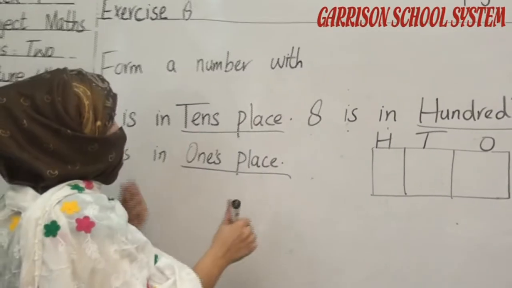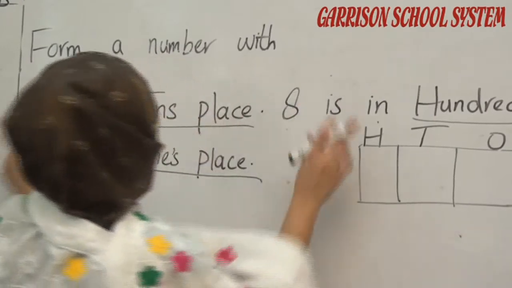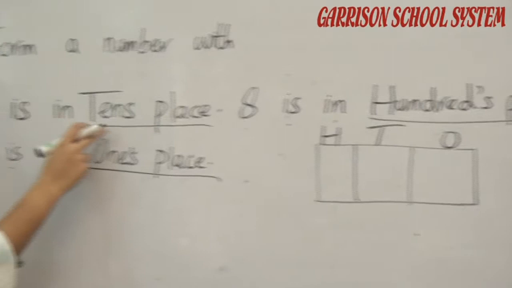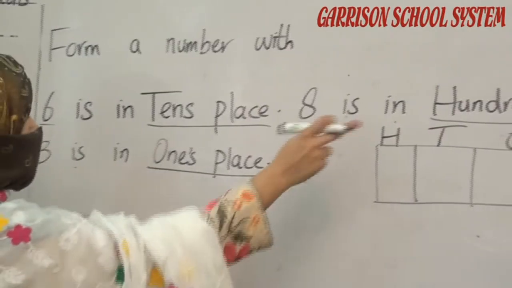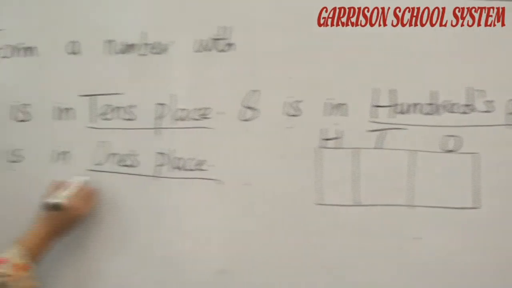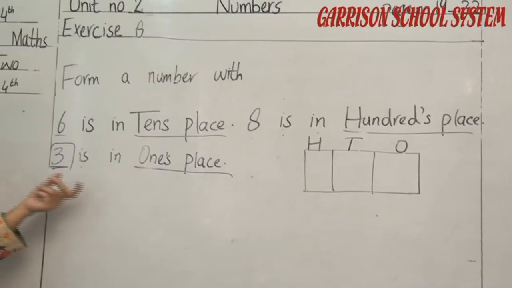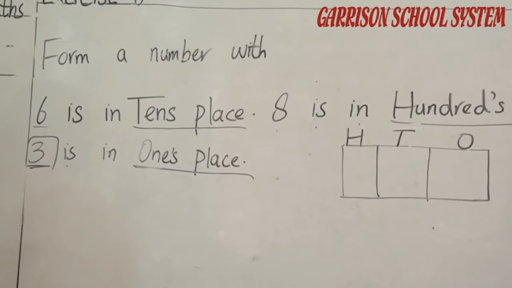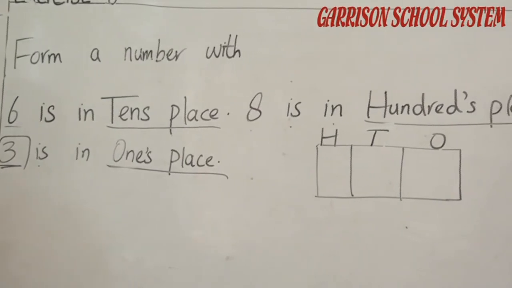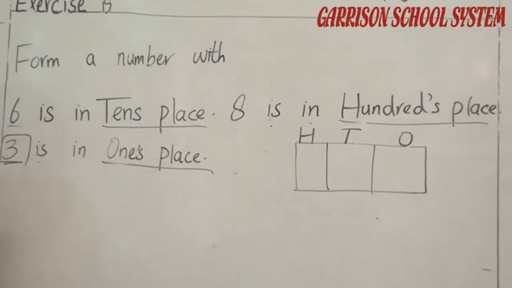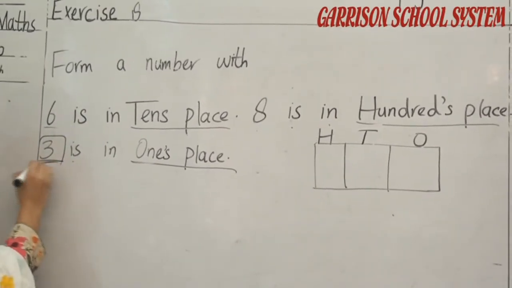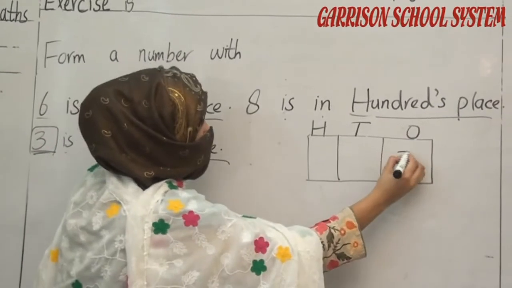Now, first of all, we have to look in this statement to see which number is in ones place. 6 is in tens place, 8 is in hundreds place, and 3 is in ones place. We have to read this statement carefully. Where is the ones number? Where is the tens number? Where is the hundreds number? Ones number is 3, so we write 3 here.